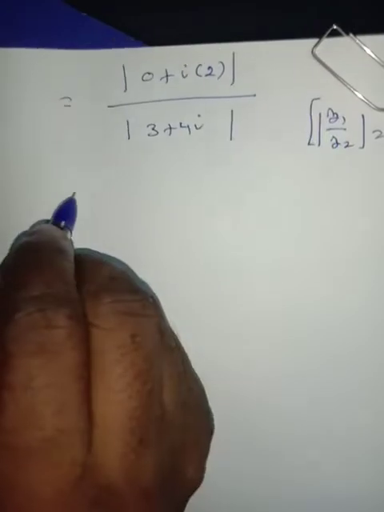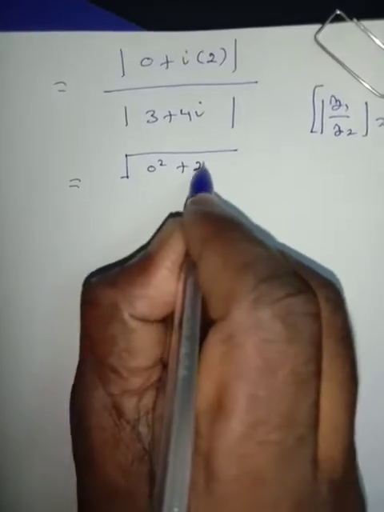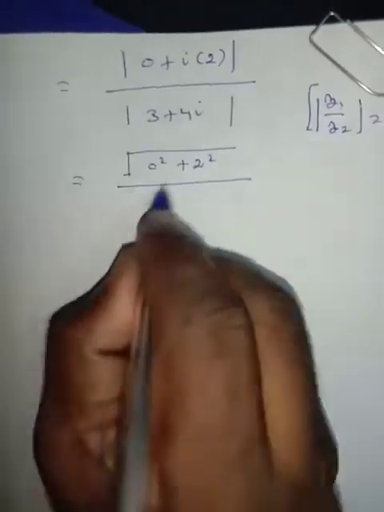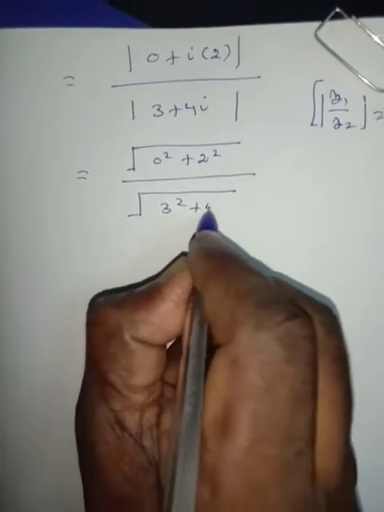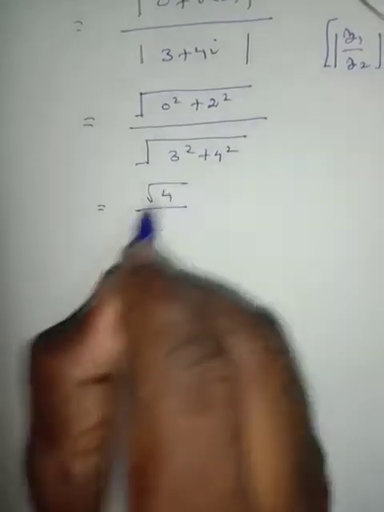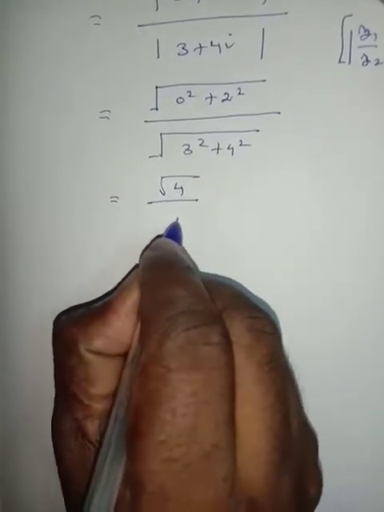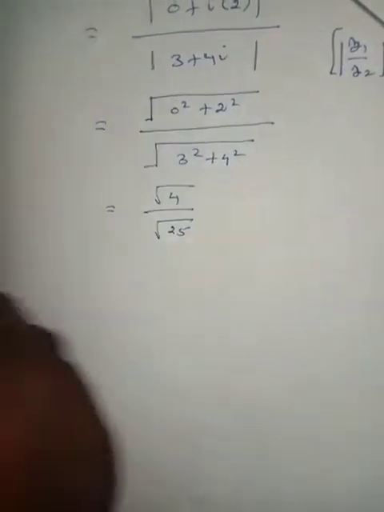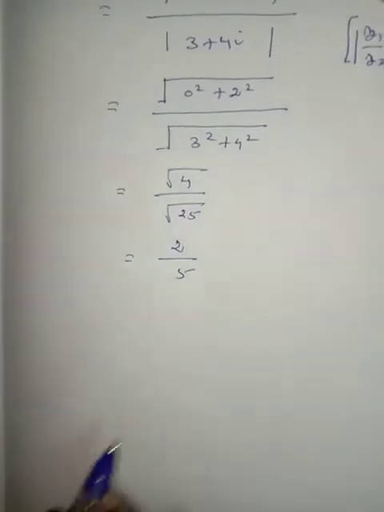Now this can be written as square root of (0 squared plus 2 squared) divided by square root of (3 squared plus 4 squared), which is square root of 4 divided by square root of (9 + 16), that is 25, so 2 divided by 5.